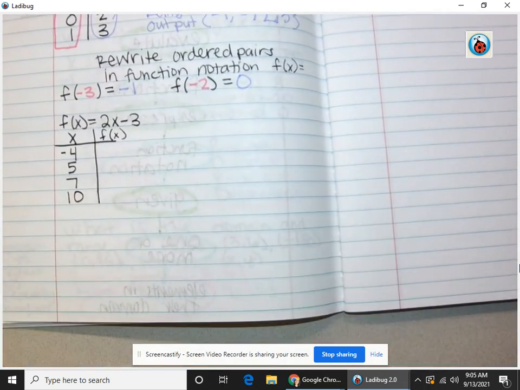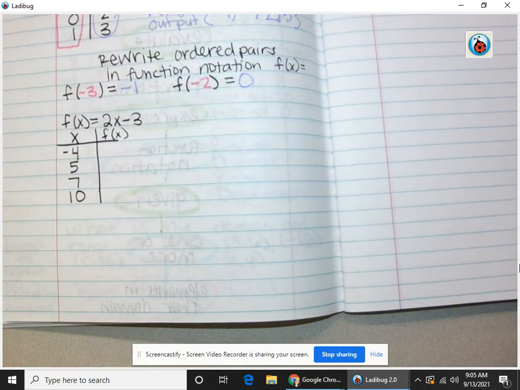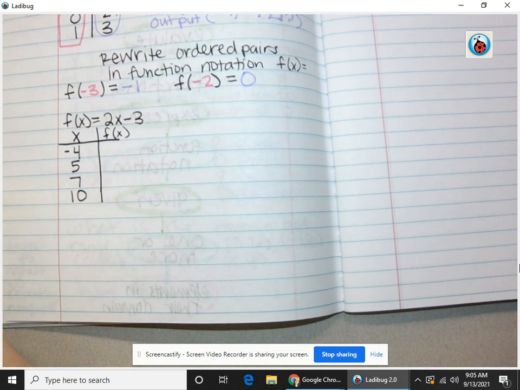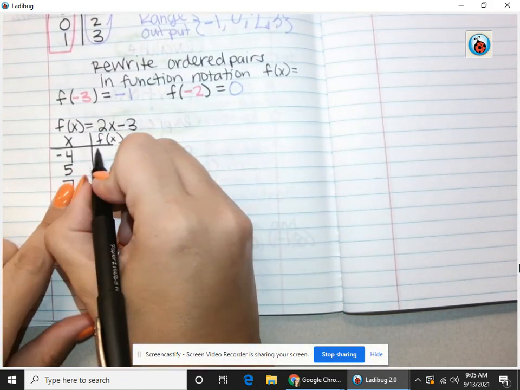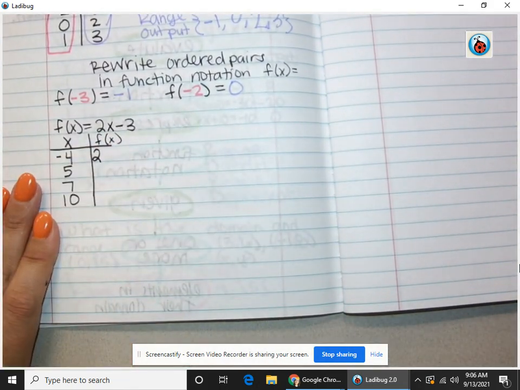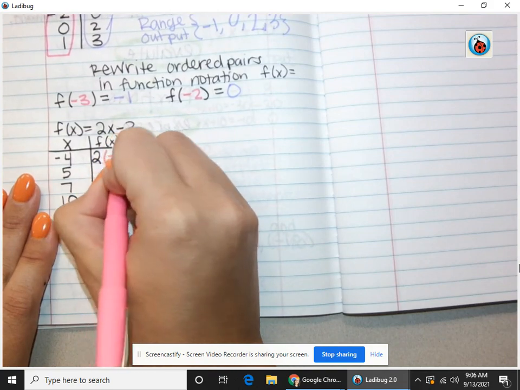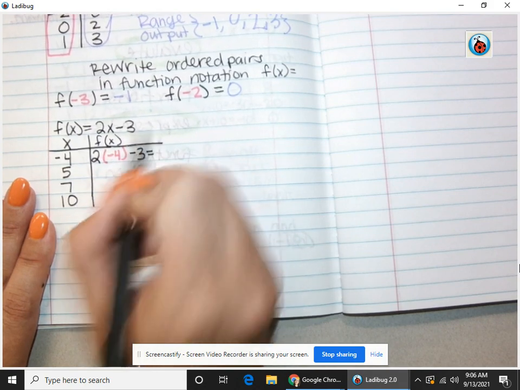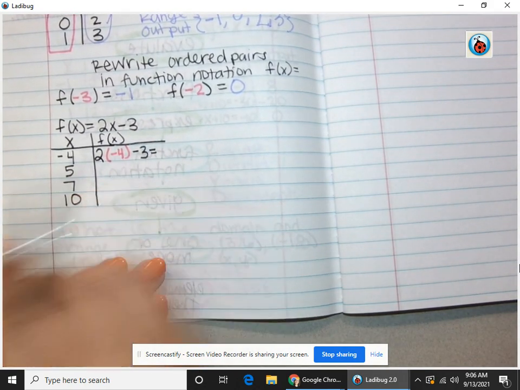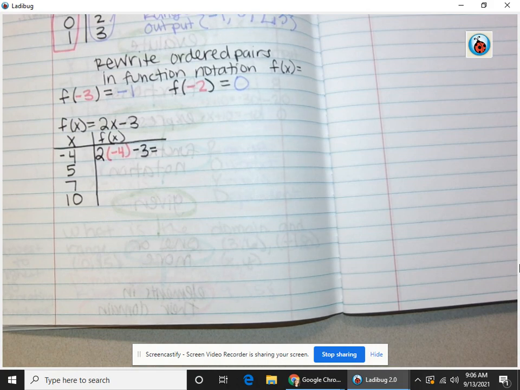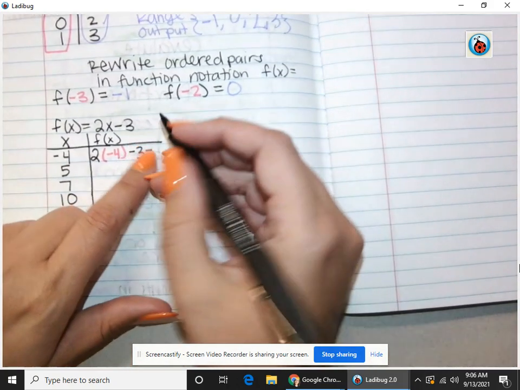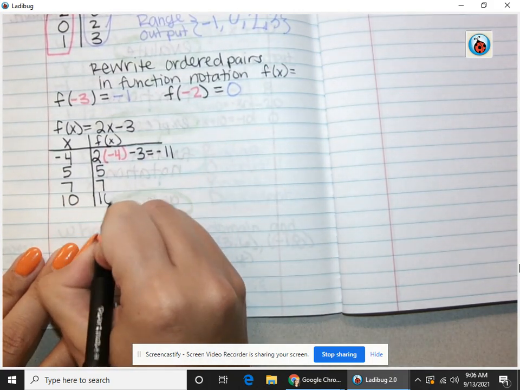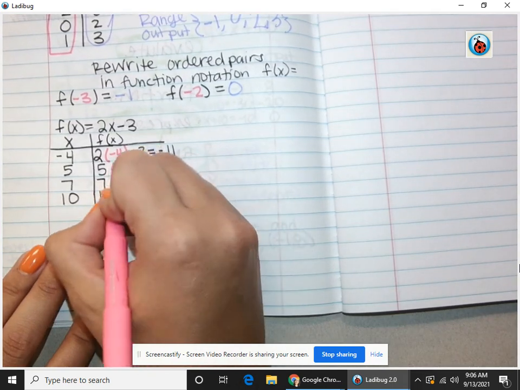This should just be a reminder from what we went over on Friday. What I can do is I can have 2, I plug in my -4, and then I have -3, and that's going to equal my f of x value. So 2 times -4 is -8, minus 3 is -11. And so you can do this with all of these problems.